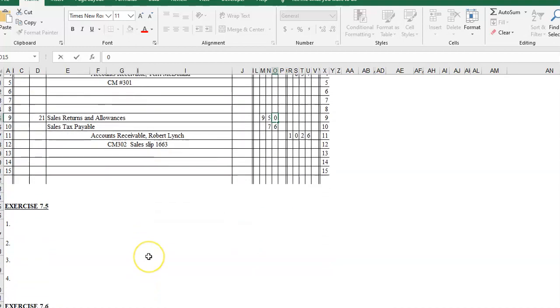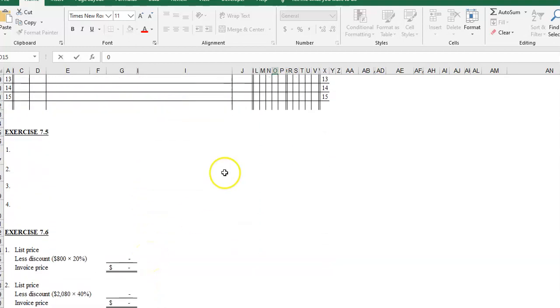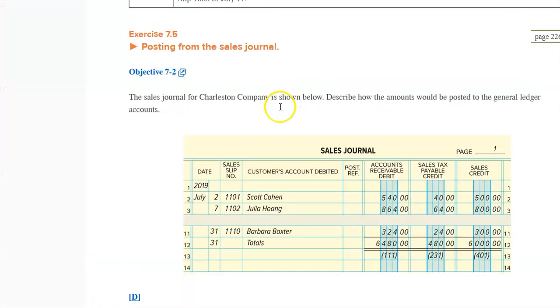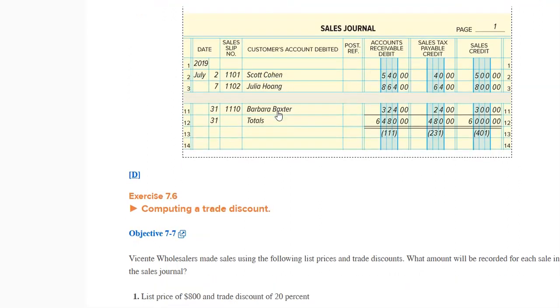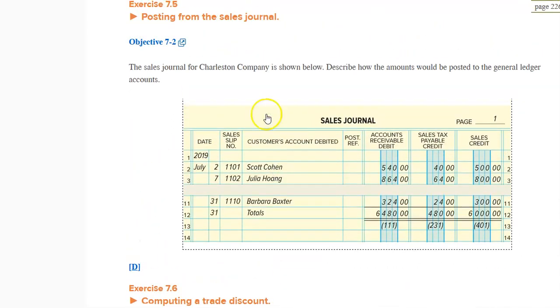Let's go on to 7.5. They give us a sales journal. Describe how the amounts would be posted to the general ledger.